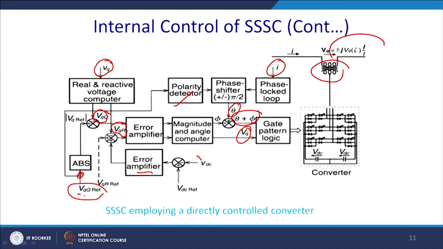We will have this logic: plus minus j Vq times I by mod I. So, this is the principal operation of the direct controlled SSSC, and it is the sophisticated and the most advanced series compensator. It compensates very accurately the amount of reactive power, and it can also inject the amount of Vq required for different purposes of operation.